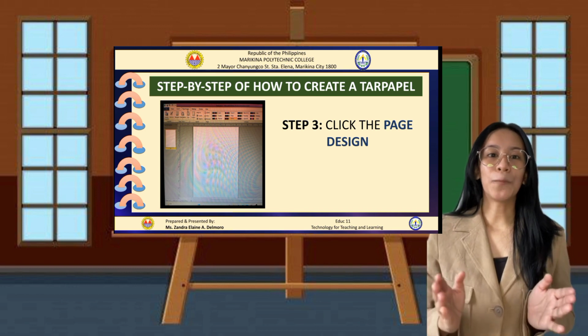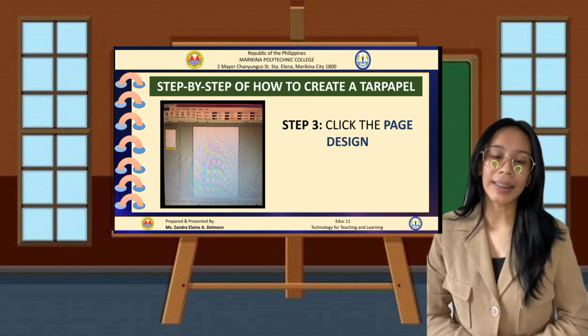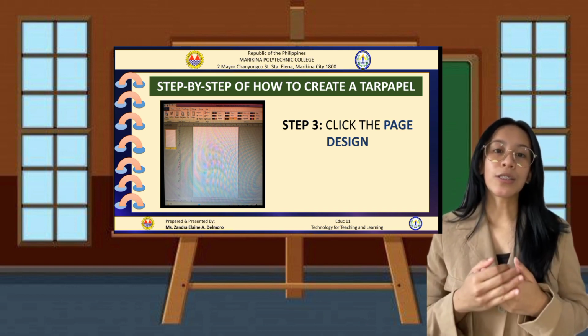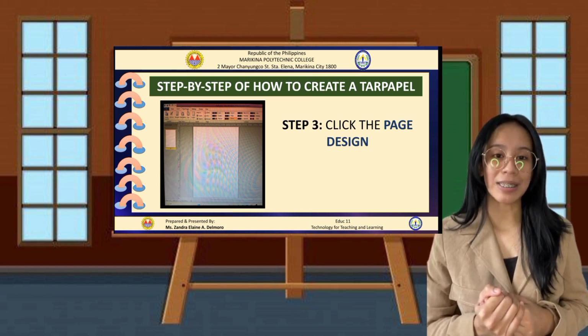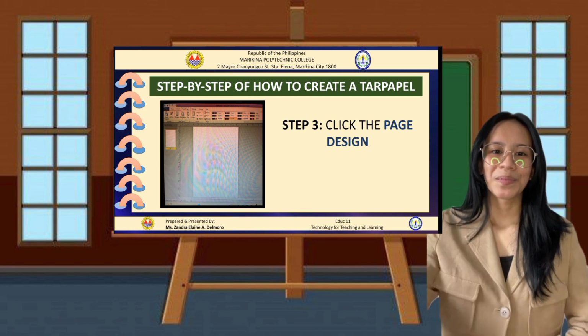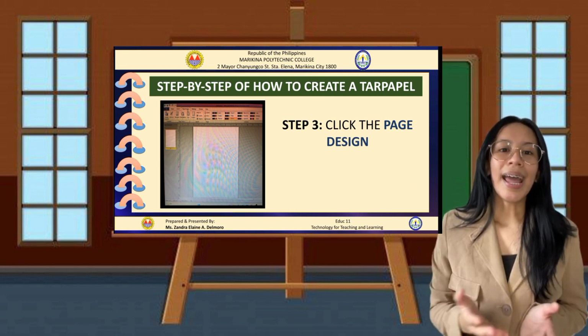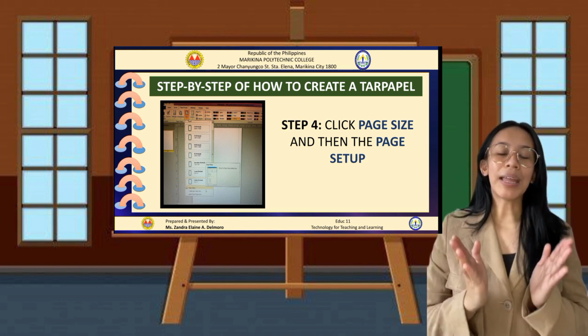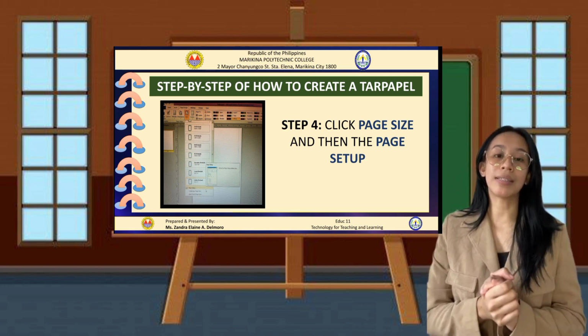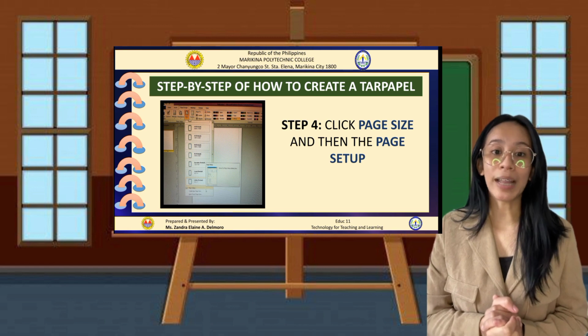So the Microsoft window will appear on the screen. Next is to click the page design. Next, click the page size, and after that, click the page setup for you to set up the size of your paper or your tarpapel.